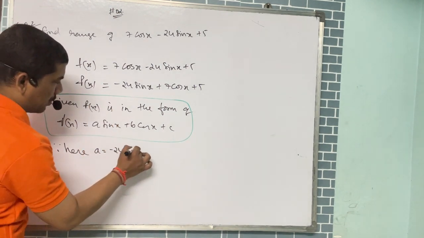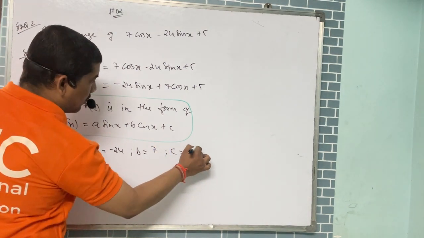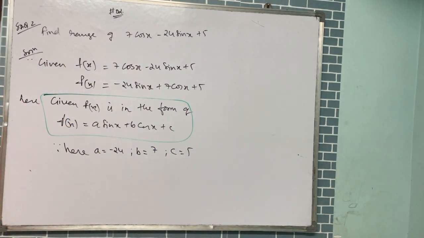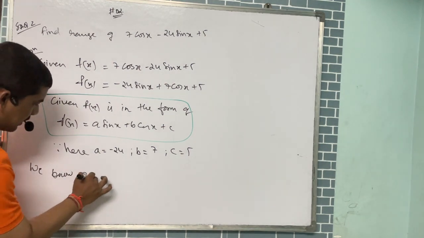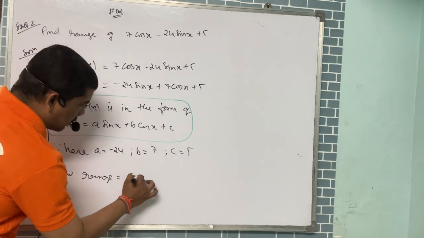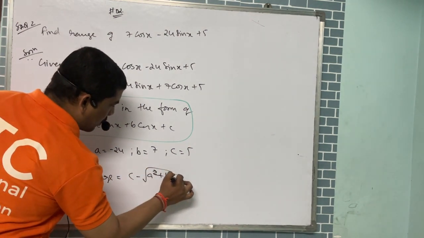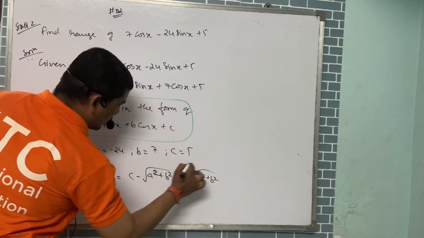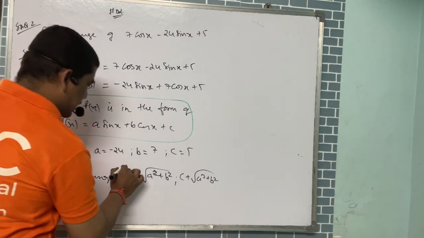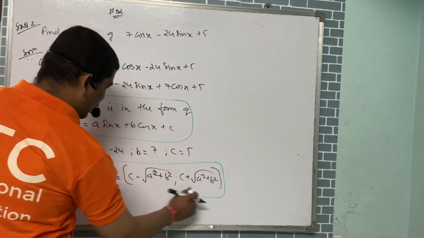Minus 24. What is b? 7. What is c? 5. Okay? So now we know range is equal to c minus square root of a square plus b square, comma, c plus square root of a square plus b square. This is the formula for range.